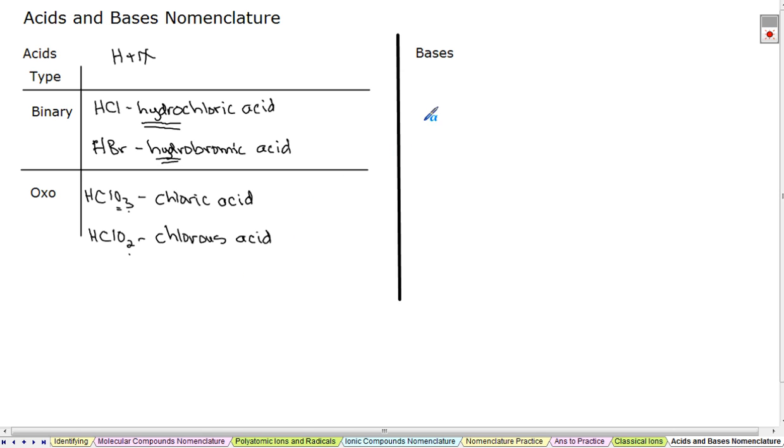Bases, on the other hand, for now, we're just going to keep these really simple. Bases are when we have a metal or ammonia bonded with hydroxide.